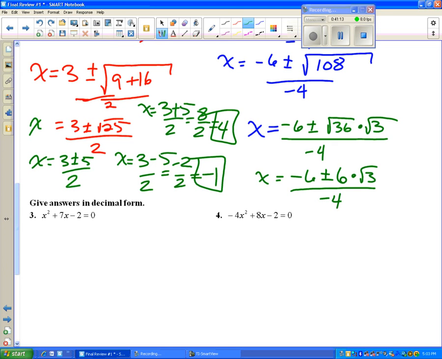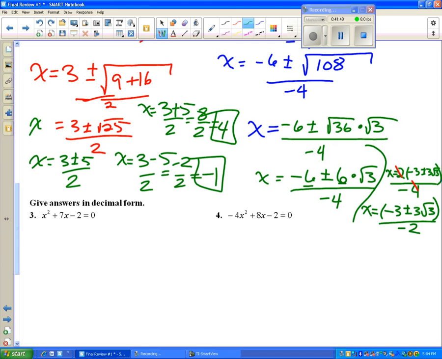Now this I would like to reduce a little bit. So I'm going to come over here and say, well, this is equal to, I'm going to take a 2 out of this 6 and this 6. This is 2 times negative 3 plus or minus 3 square root 3, running out of space, over negative 4. Well, that 2 and that negative 4 are going to cancel, and I'm going to get x is equal to negative 3 plus or minus 3 square root 3 over negative 2.